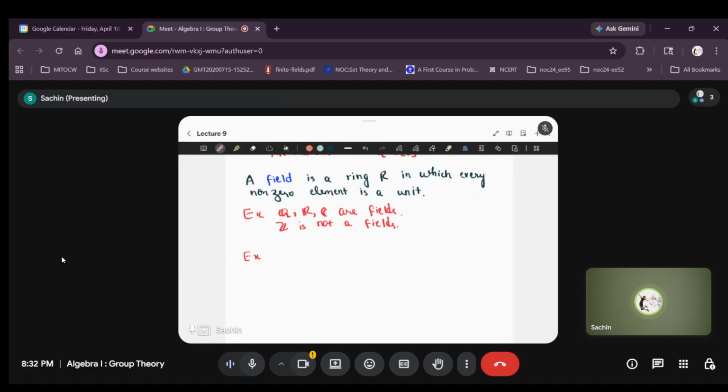In communication, sometimes you deal with real numbers also. But in cryptography, I'm not sure. But in coding theory, at least, you only deal with finite fields. You usually don't deal with real numbers.